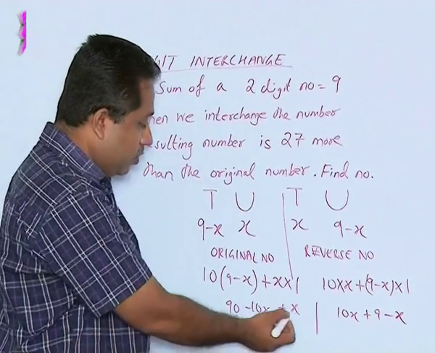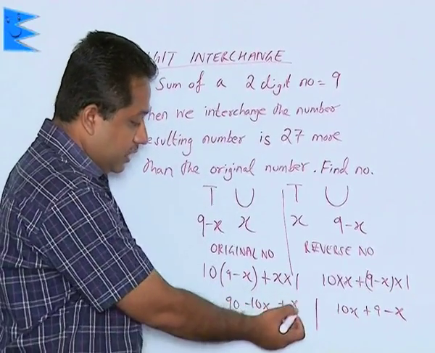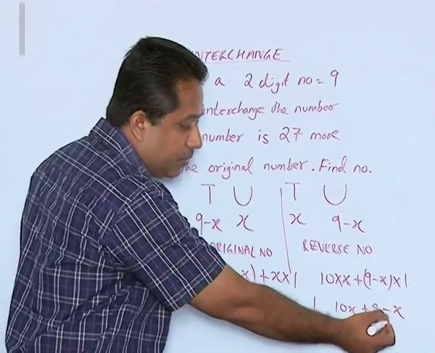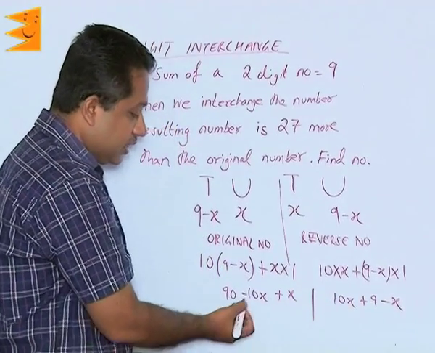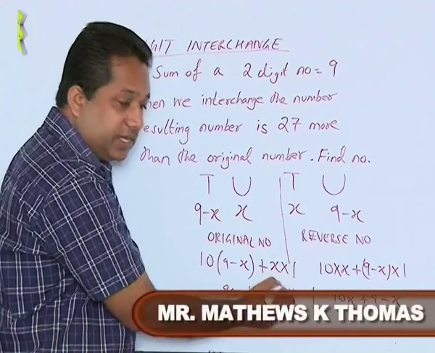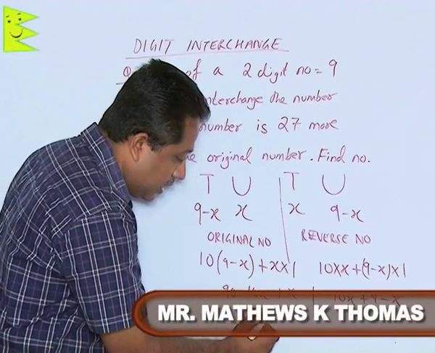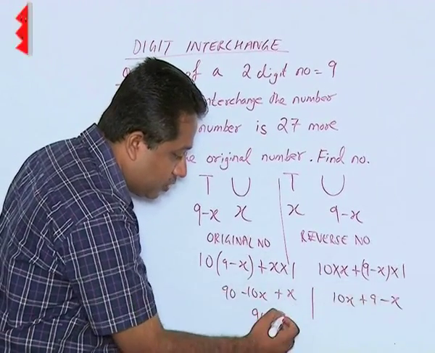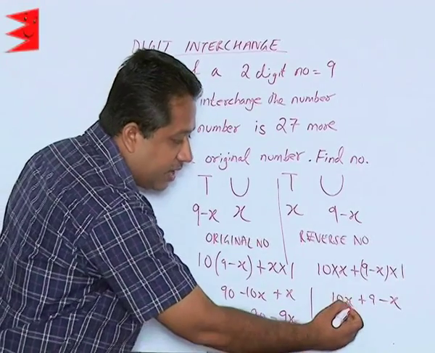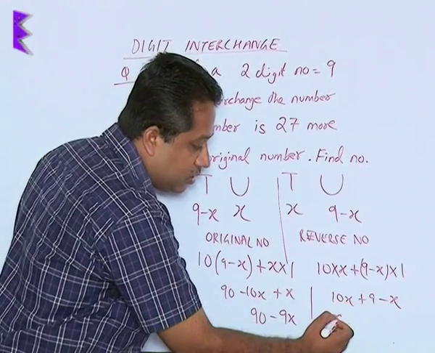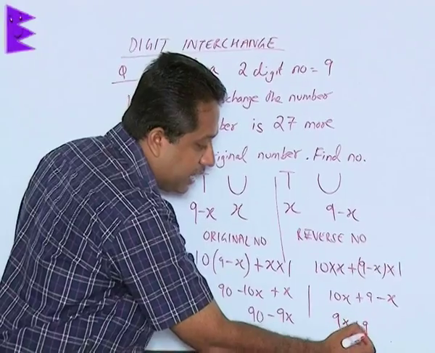So, this is the value of the original number and this is the value of the reverse number, and to simplify this further, minus 10x plus x will become 90 minus 9x, and 10x minus x will become 9x plus 9.